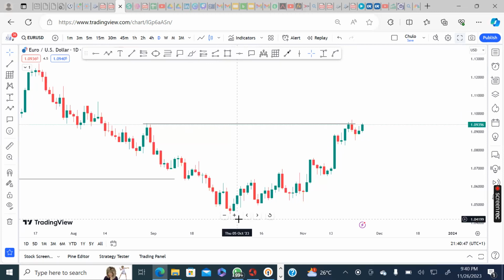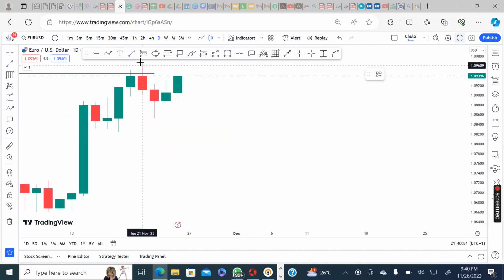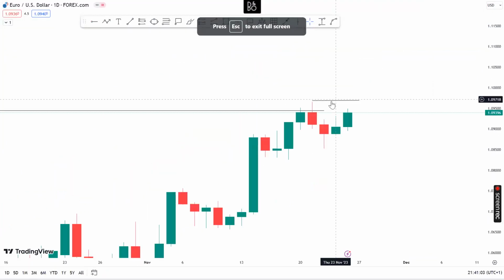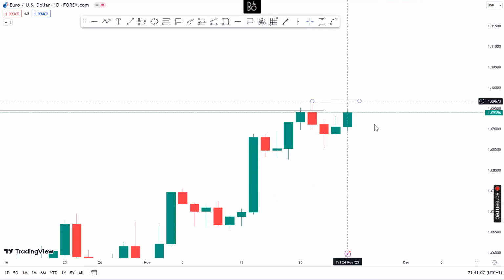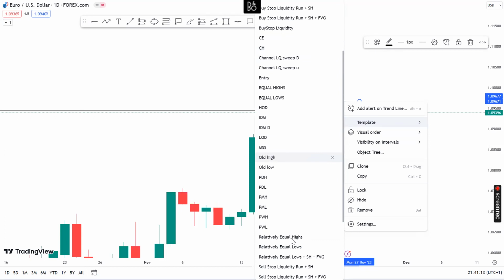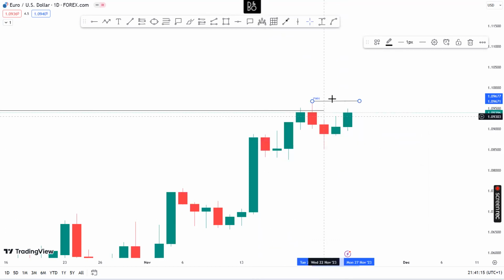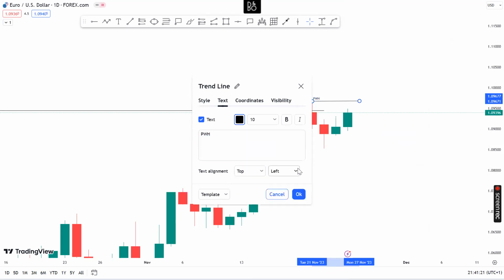And looking closely again, I can see the previous week high here. Let's label this previous week high, and change the color to black. Let's push it to the right.